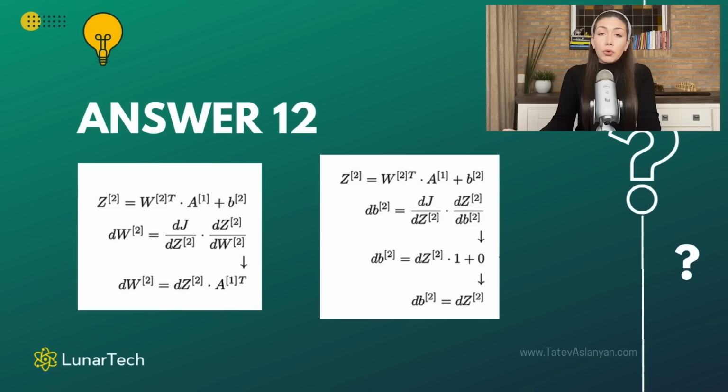And in order to compute the gradient with respect to the weights and the gradient with respect to the bias vectors, we first also need to calculate the gradients with respect to activations and the gradients with respect to the z-scores in order to then use them to calculate the gradients of the weights and the gradients of the bias vectors.